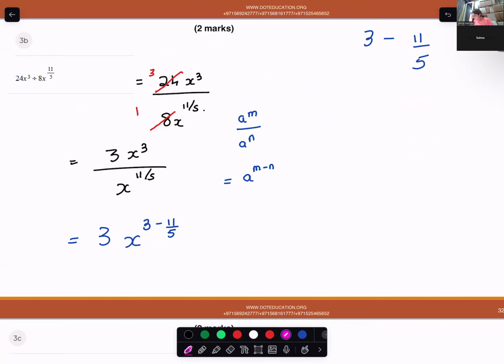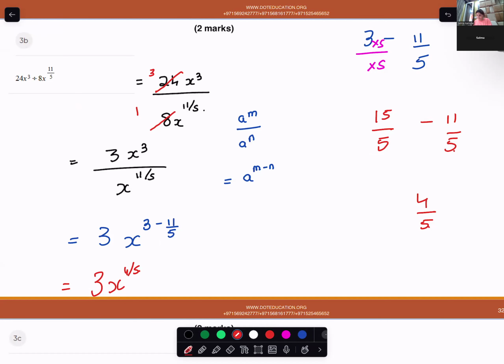I have to make the denominator the same, so I will multiply by 5, numerator and denominator. So it becomes 15 by 5 minus 11 by 5. So this will become 4 by 5. So it is 3x raised to 4 by 5.